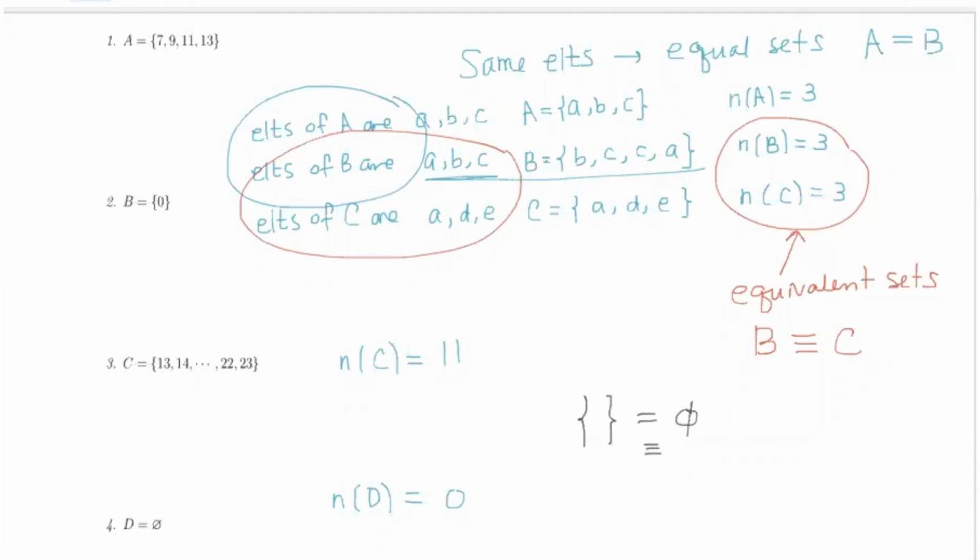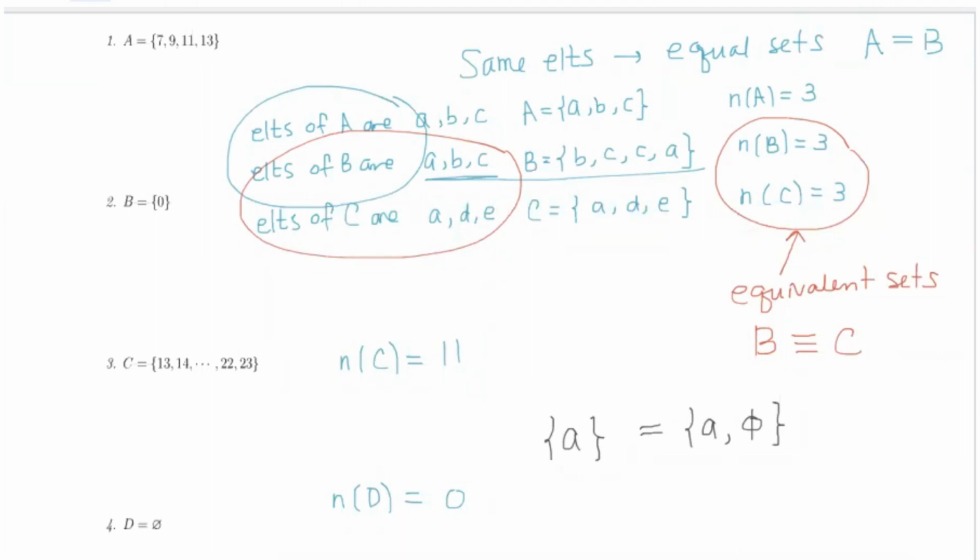Here's one more thing. Set {A} and the empty set. Equal? No? Yes? It would just be equal, right? Not equivalent. Why is it not equal? They don't have the same elements.